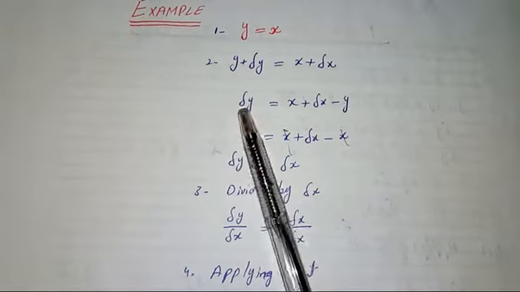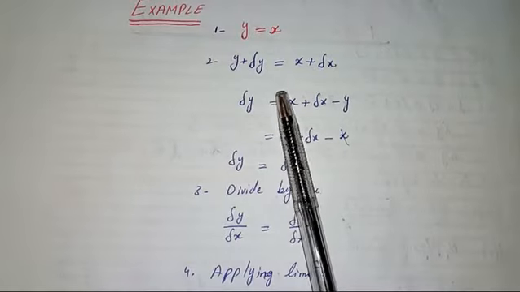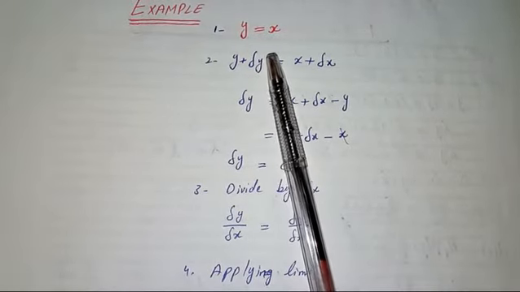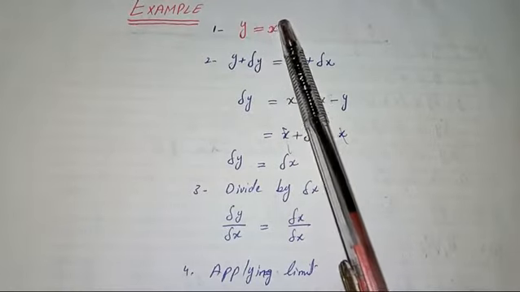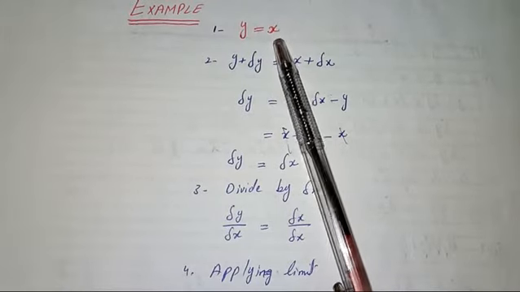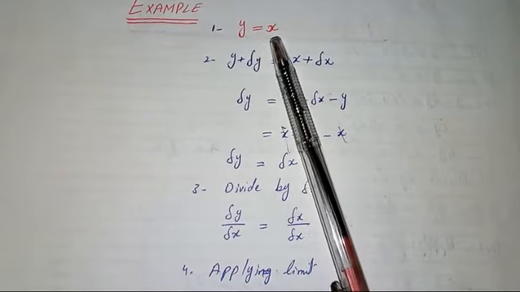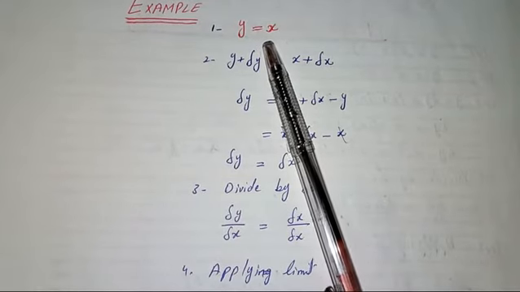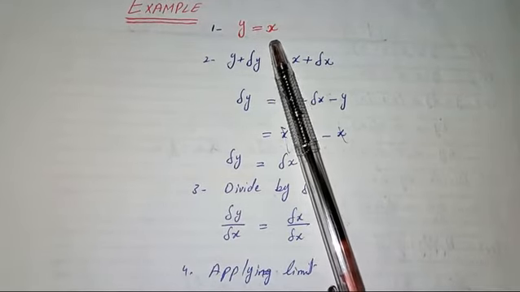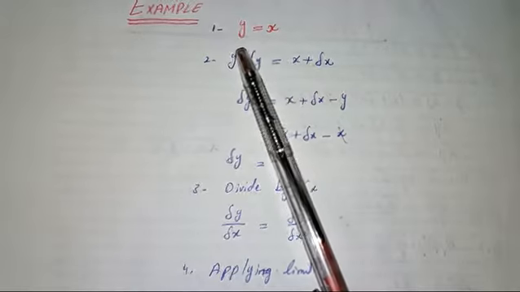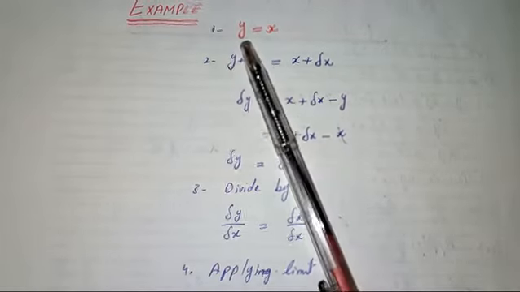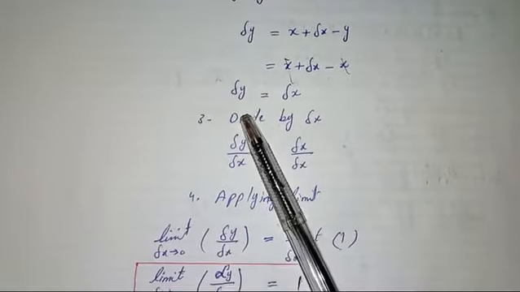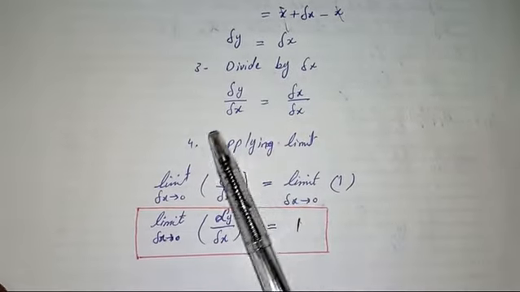And another important proof, important for MCQ and short questions: y is equal to x, the derivative of a variable with respect to itself is equal to 1. So now y is equal to x, x is any given function, and first of all we will write any function is equal to y. Y plus delta y is equal to x plus delta x. By using the same 4 steps, now dividing by delta x, applying limit.